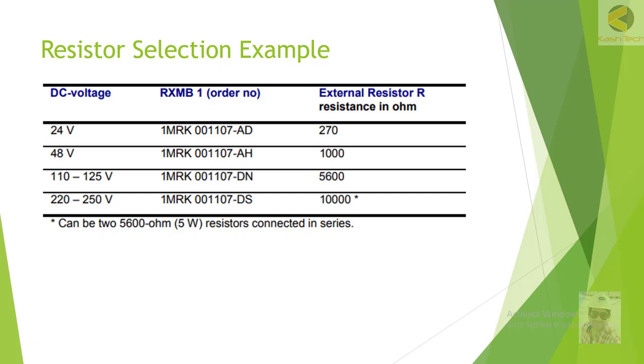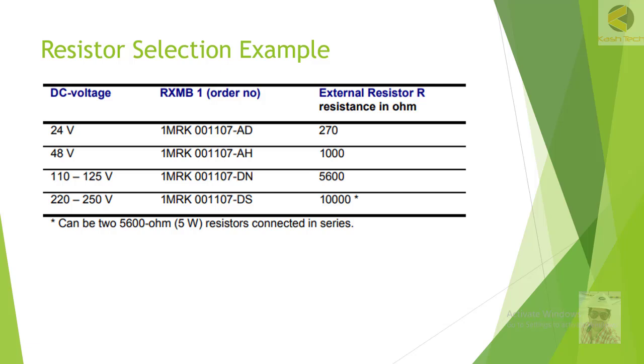If you want to install the same RX-MB trip circuit supervision relay on 48 volts, this is the ordering code, and you have to install a 1000 ohm resistor in series. Same for 125 volts. Now you can see they are increasing the resistance value as the voltages increase. These resistors are also rated for continuous power dissipation. So this is an example of how you select the resistor and how important these resistors are.